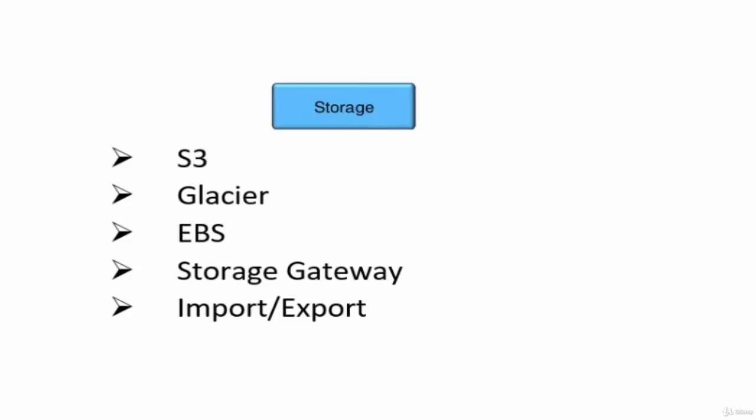EBS volumes are attached to your compute units like EC2 instances. Just like on-premises, when we launch any server, we attach some storage to that server. Similarly, here while launching the server, we will get an option to attach the EBS volume to the server.